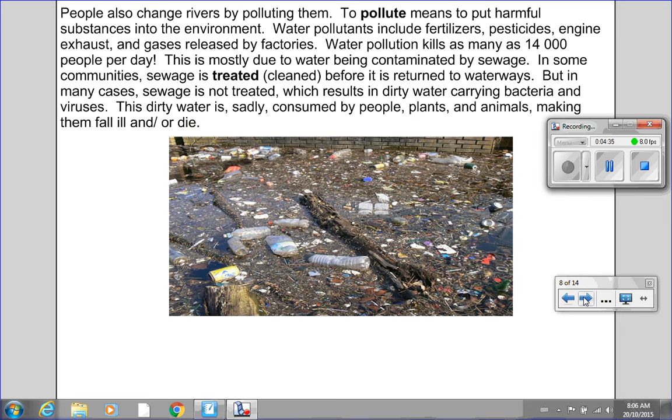In some communities, sewage is treated or cleaned before it is returned to waterways. But in many cases, sewage is not treated, which results in dirty water carrying bacteria and viruses. This dirty water is, sadly, consumed by people, plants, and animals, making them fall ill or die.